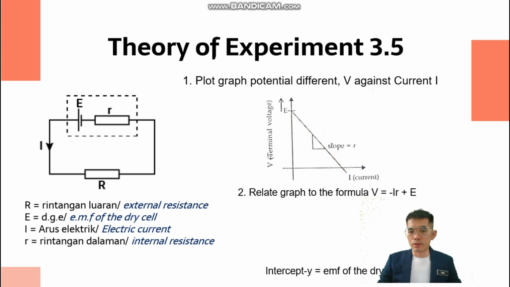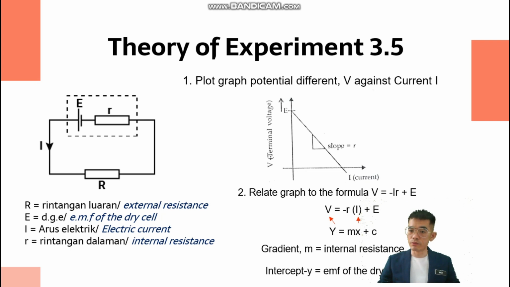Then you need to relate the graph with the formula V equals negative Ir plus E. You rearrange the formula so that y represents V and x represents I. That means the gradient of the graph represents the internal resistance, while E represents the y-intercept in this graph.